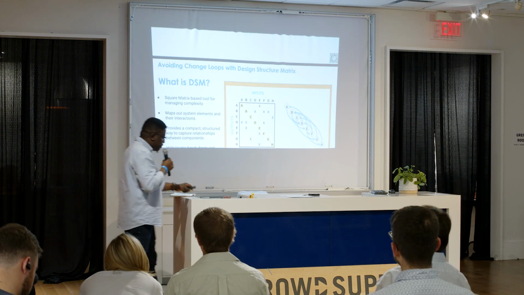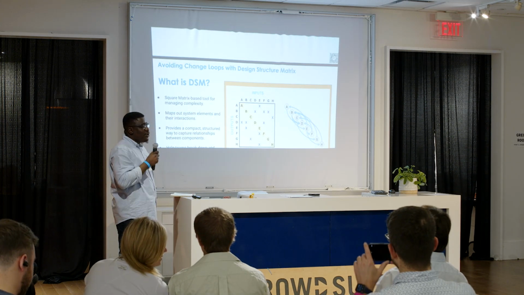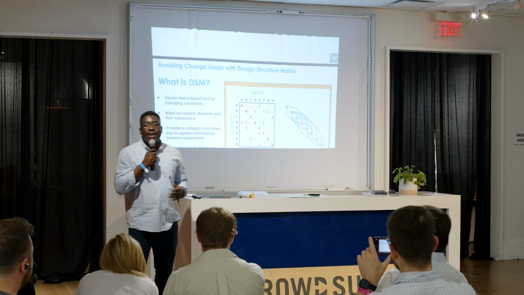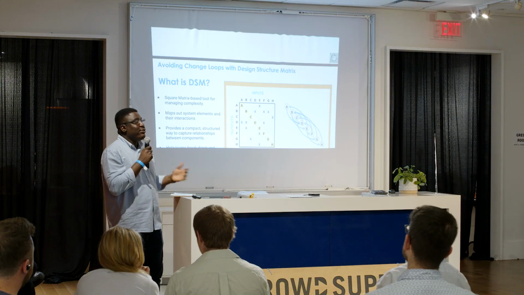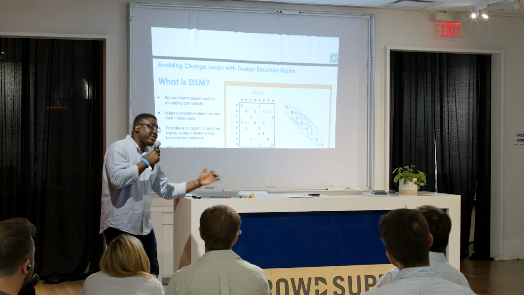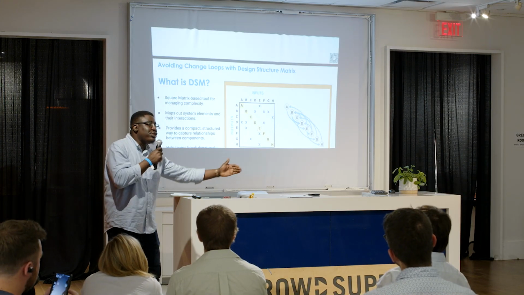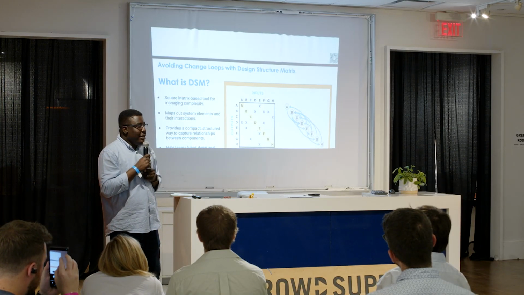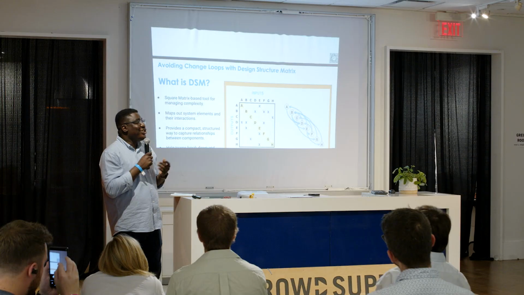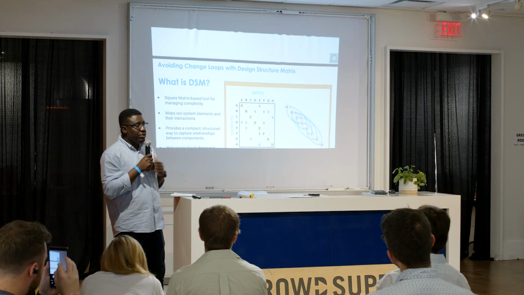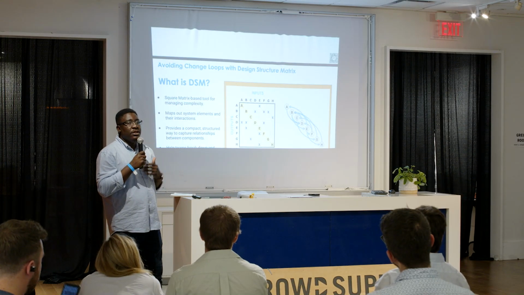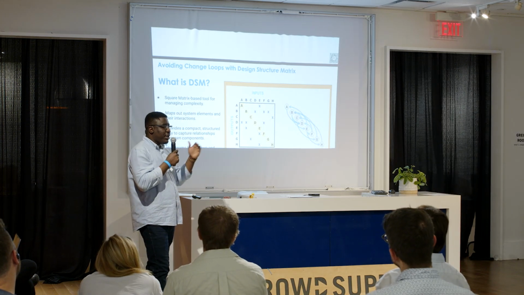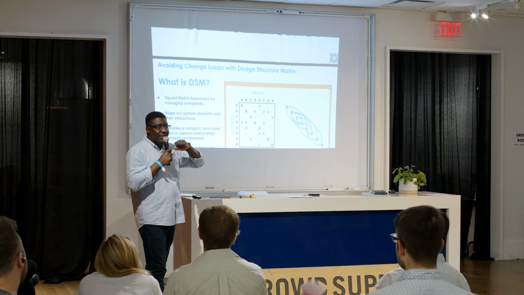So what is DSM? The product manager has done all of these analyses to determine what features need to be built, and the order in which those features should be built, and then they send it to the engineering team, or they put it in the backlog. And then the engineering team, instead of actually doing the backlog analysis where you examine how these features interact, how these features depend on one another, we just pick one of those features and start building.